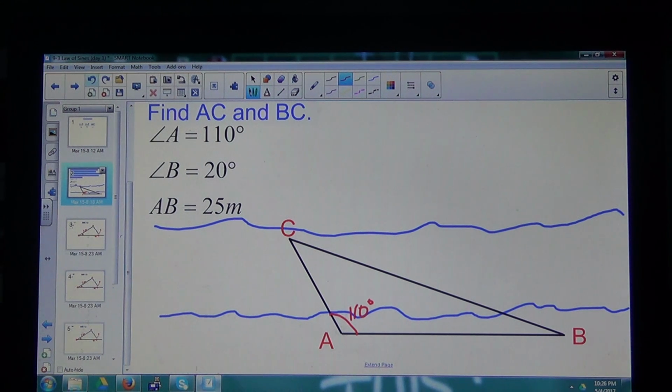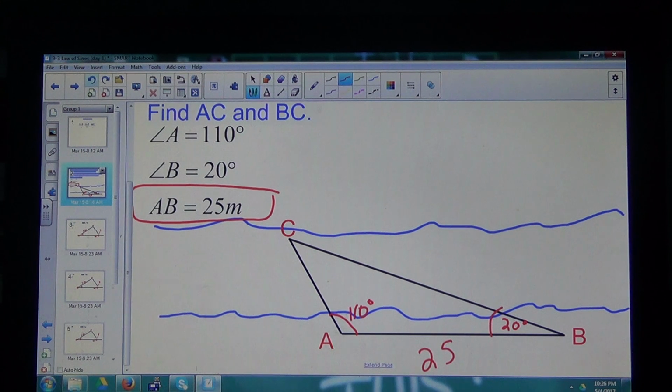Angle B over here is 20 degrees. And then AB, this right here, is not an angle, so therefore it is a length, and that will be this side.